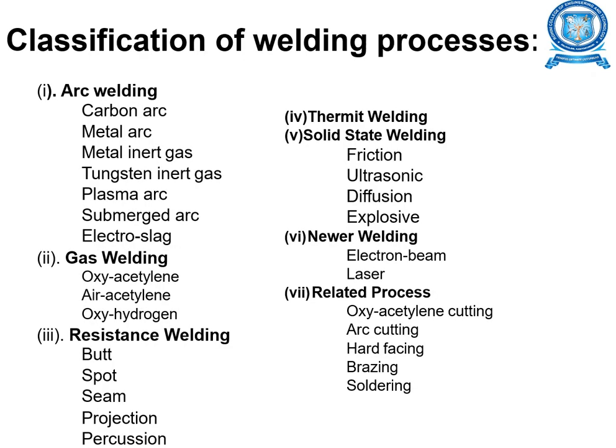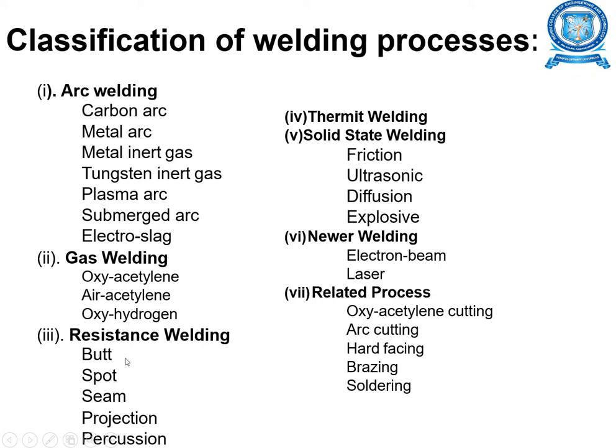And you have this classification of welding processes. Arc welding, you have different types of arc welding like carbon arc welding, metal arc welding, metal inert gas welding, tungsten inert gas welding, plasma arc welding, and the submerged arc welding, electroslag welding. So in gas welding, you have oxyacetylene welding, air acetylene, and oxyhydrogen welding.